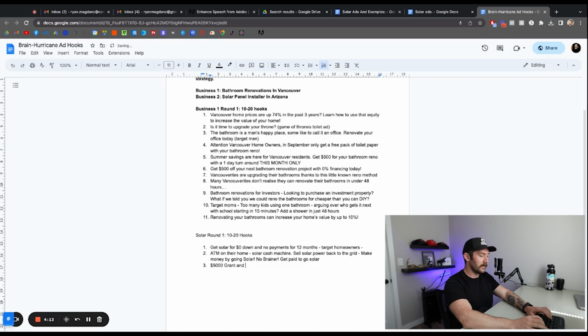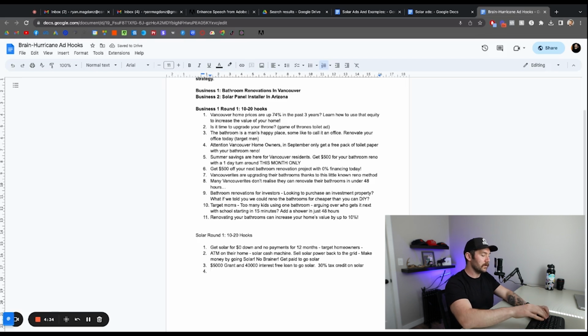So $5,000 grant and $40,000 interest-free loan to go solar. So yeah, whether it's the $5,000 grant and the interest-free loan or the 30% tax credit on solar, if that's something in the US.